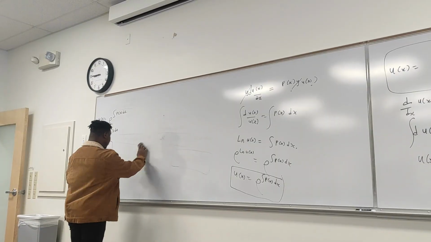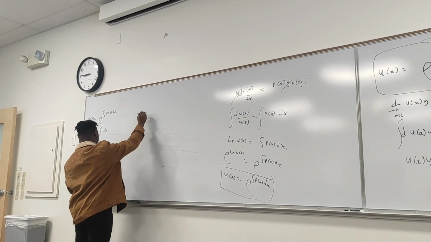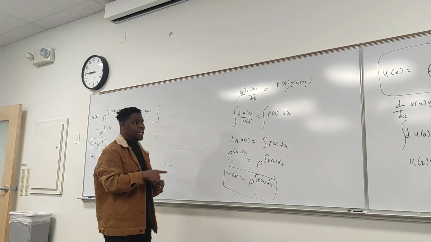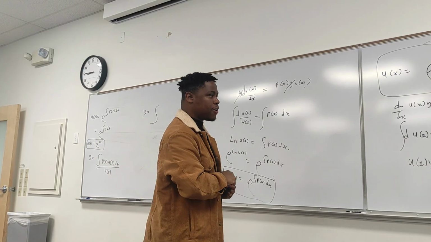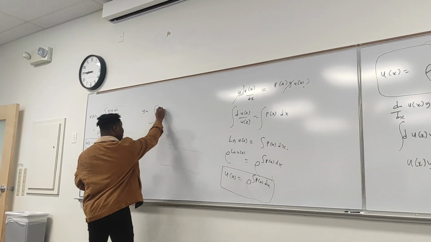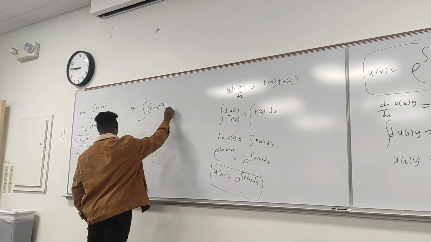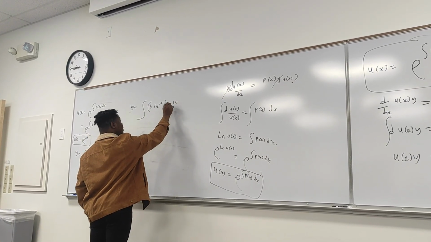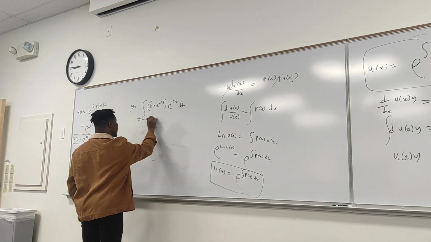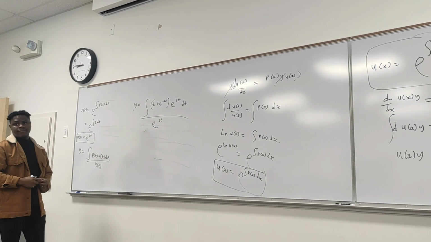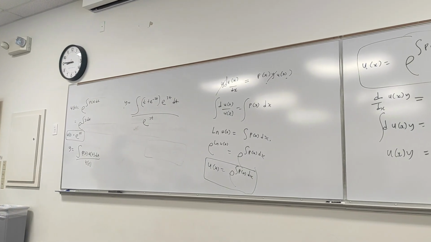It becomes y is integral, our Q of T, we found our Q of T here. Our Q of T is T plus exponential minus 2t. That's T plus E minus 2t multiplied by E 3t dt divided by E 3t. If I missed a step, please tell me.